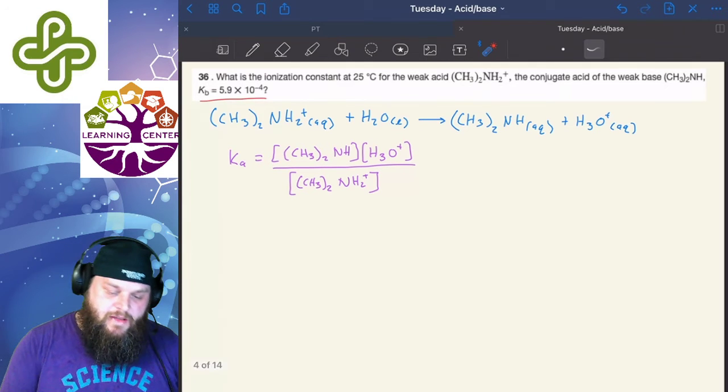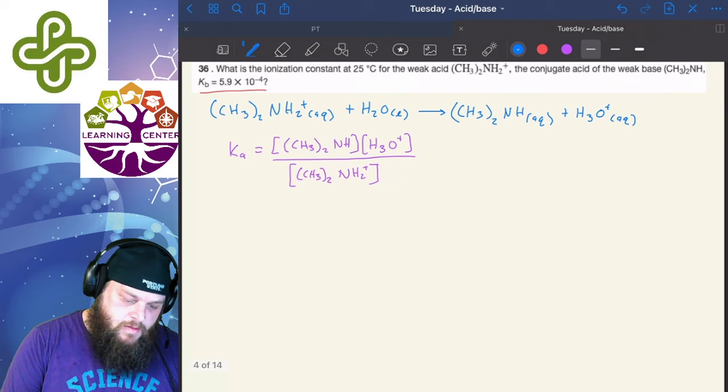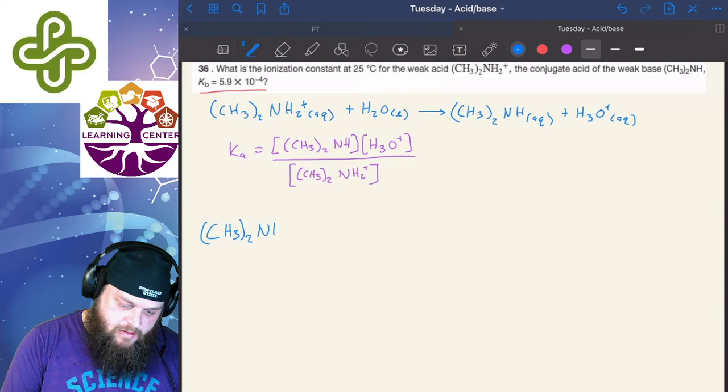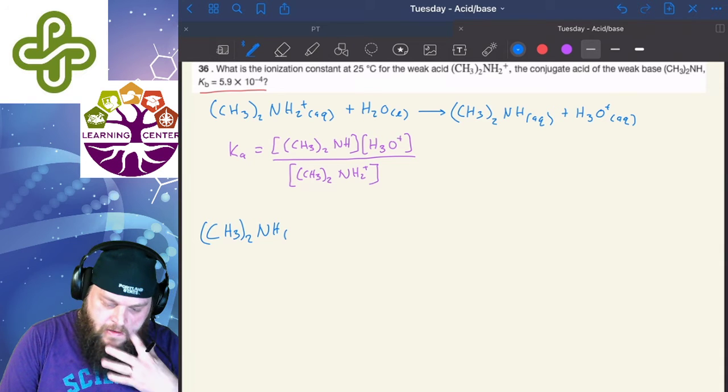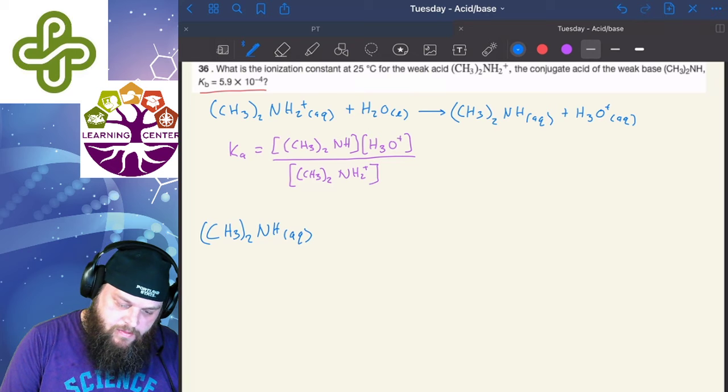We can do the same idea with the Kb. I'm going to rewrite this equation. I like to do this just so we can really see how it all comes together. I'm going to rewrite it backwards because it's really an equilibrium. It's going back and forth.